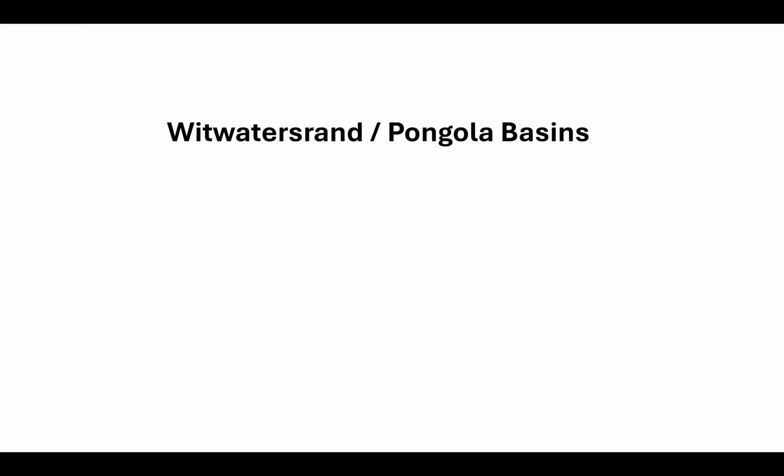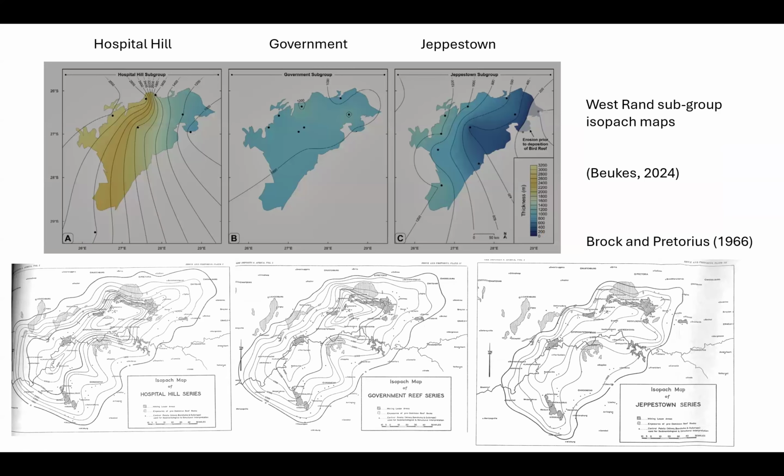Coming onto the Witwatersrand and the Pongola basins, I want to make a comment on some aspects of the data that are available, which highlight or reinforce some of the discussion that occurred in a very interesting gold series that OGG sponsored.